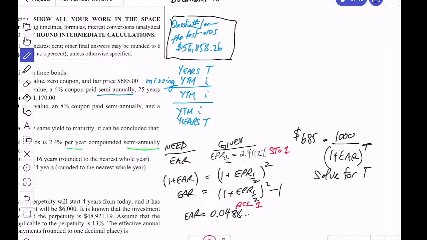So what I'm going to do is take this amount, put it in my calculator. I have to multiply it by 100, so I'm going to put that in store 2.